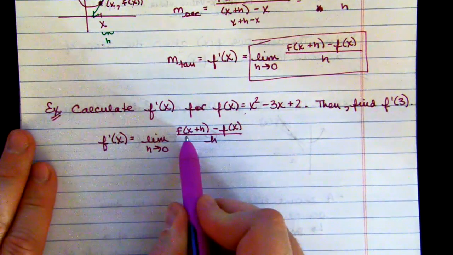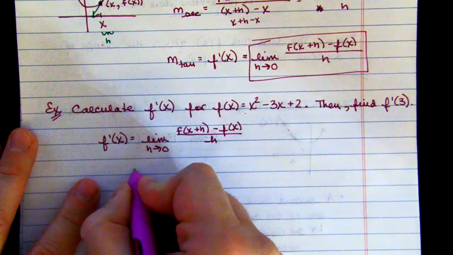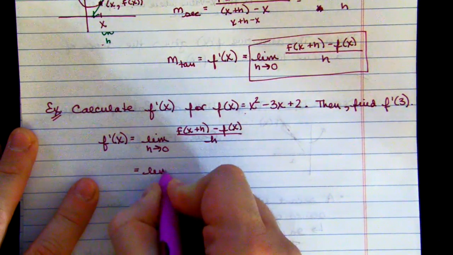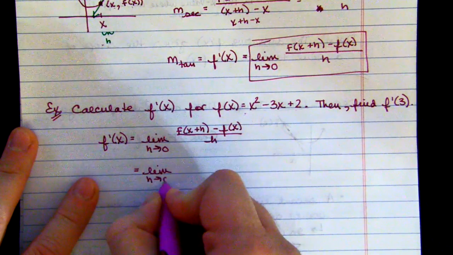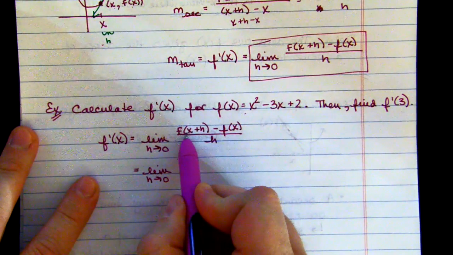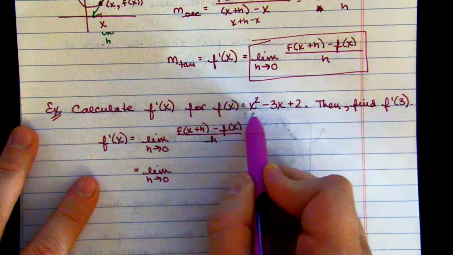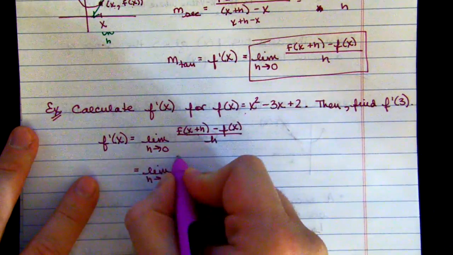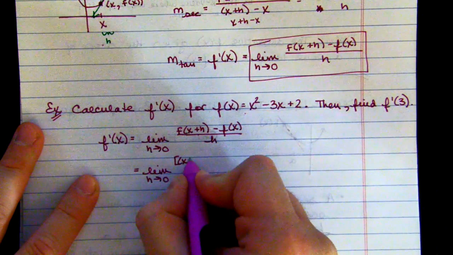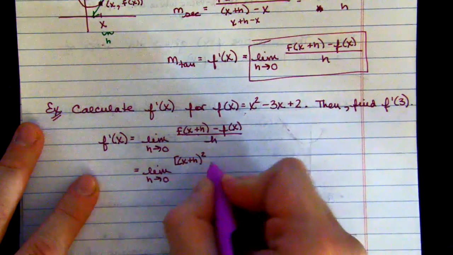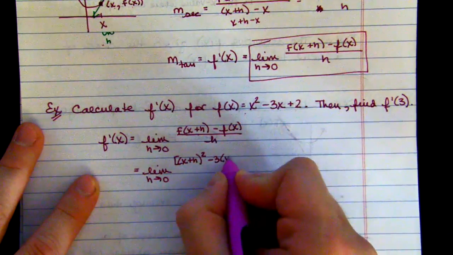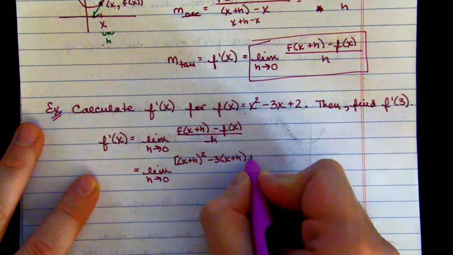And then I need to go try to find f of x plus h, f of x, and all those things. This is going to be the limit as h approaches 0 of f of x plus h, which means I'm going to plug x plus h into my f function where the x is over here. So that's going to give me (x plus h) squared minus 3 times (x plus h) plus 2.